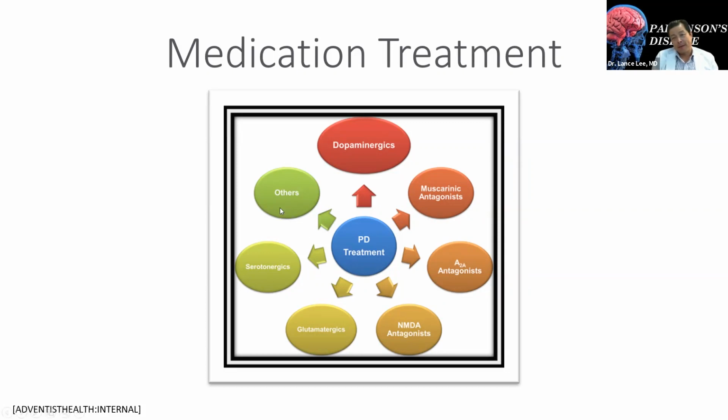I think we're going to discuss a little bit more about others, but others are the non-medical treatment, including physical therapy, exercise, and of course, practicing healthy diets, etc. So I think we'll have a slide here more about that a little bit. So the big picture is, yes, it is a shortage of dopamine, so we have to provide more dopamine, but there are other adjunct drugs that you can use, and also non-medical treatment.